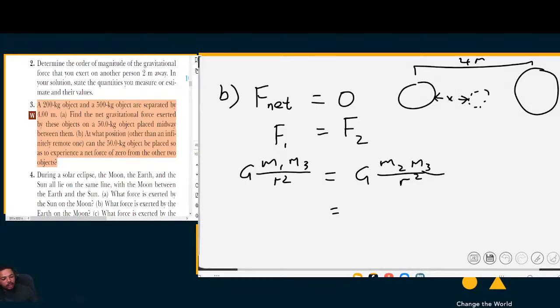If this distance is x, then this distance must be 4 minus x. I hope you understand that. If the distance between these two balls is x and the total distance is 4, then the distance left over must be 4 minus x. So let's insert it like that.